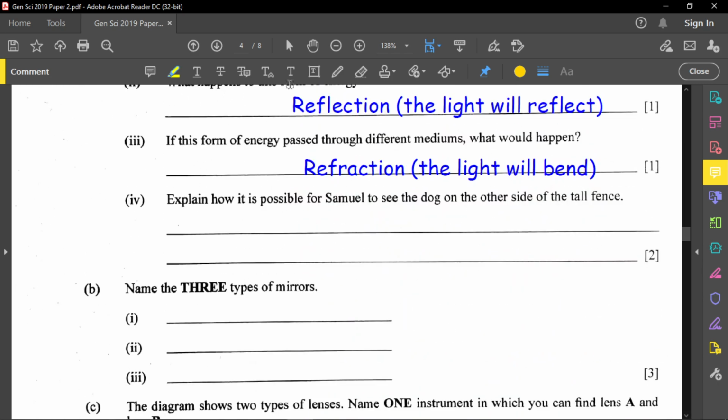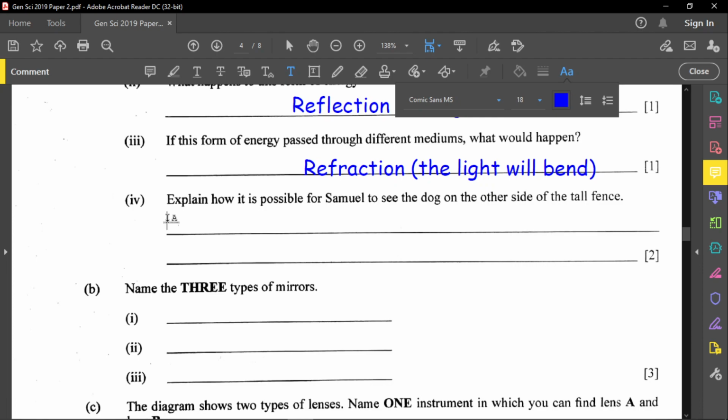So right here we say the light from the dog. We're going to say the light, because remember, light is coming from the dog as well. So light rays from the dog enter the top mirror. There's a mirror on the top.